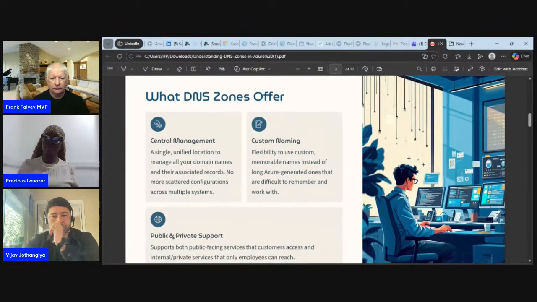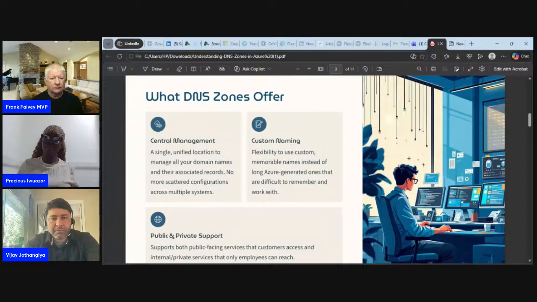What does it offer? Azure DNS Zone can offer central management. When I talk about central management, it is a single unified location to manage all your domain names and their associated records. You wouldn't need to have a scattered configuration across multiple systems. Also, it offers custom naming.